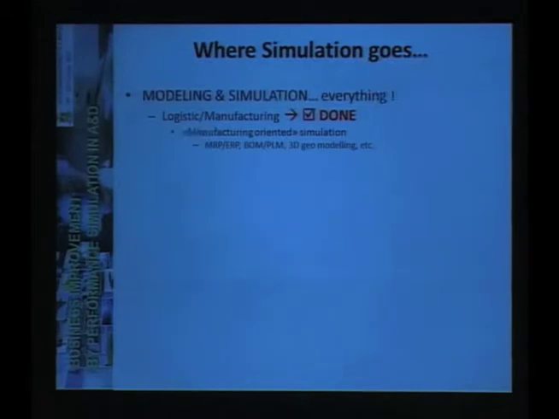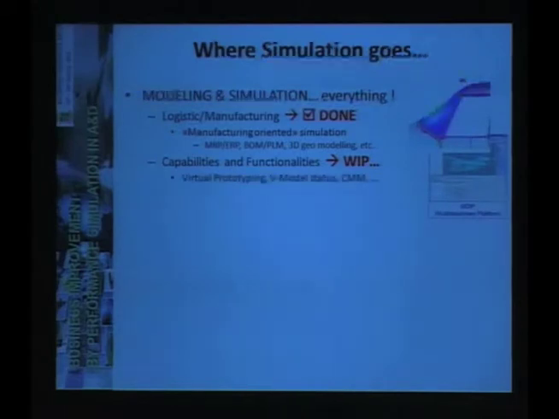Logistic manufacturing especially, let's say MRP, ERP, bill of material, PLM, 3D geometric modeling, etc. This is something done. What is work in progress is something different. Is first of all the capability to simulate the performance that is not only the geometry, is a little bit more physics, with different approach, and also the engineering business intelligence that we need in order to get those data into the ecosystem.